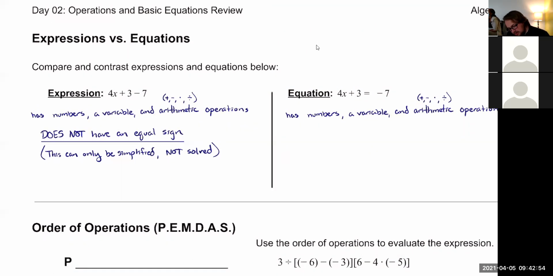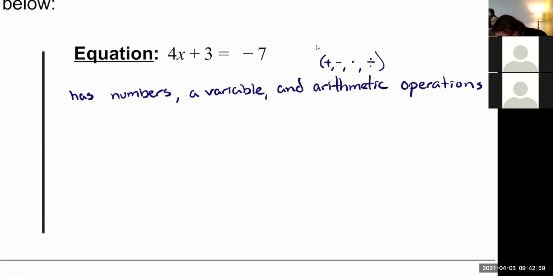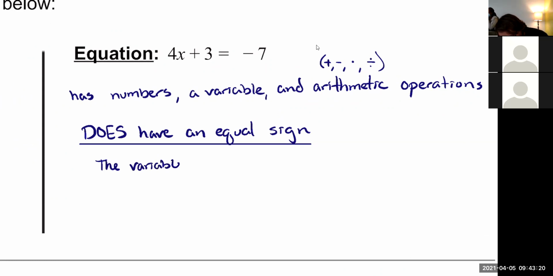Now, as Jay pointed out very specifically, the equation does have an equal sign. And for us, that means that the variable can be solved.